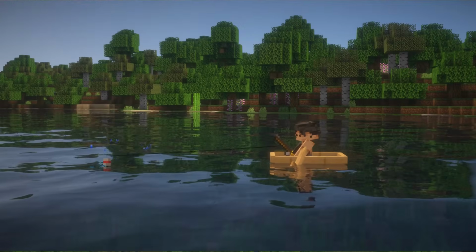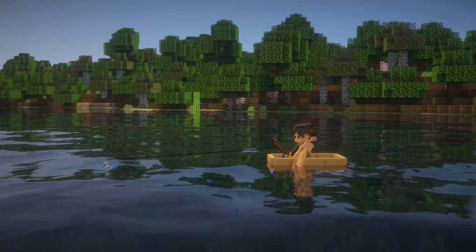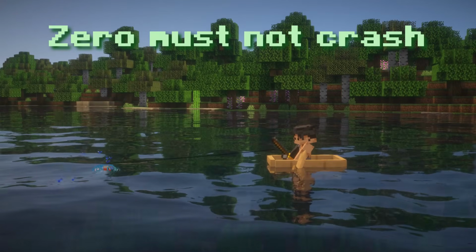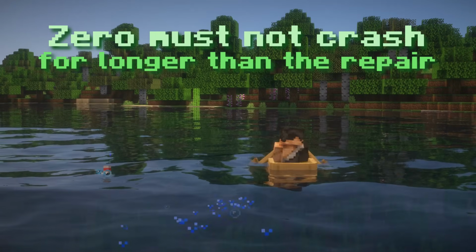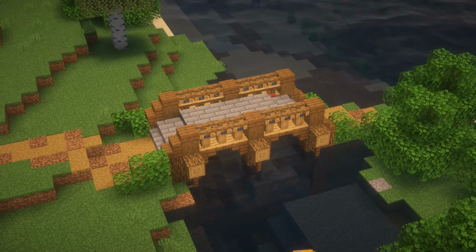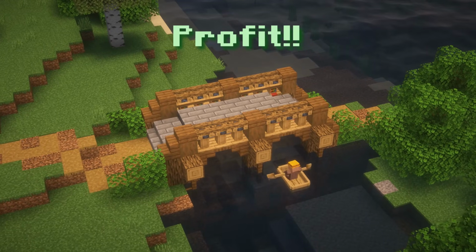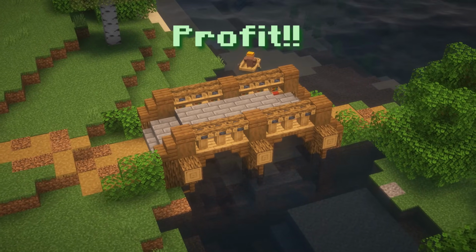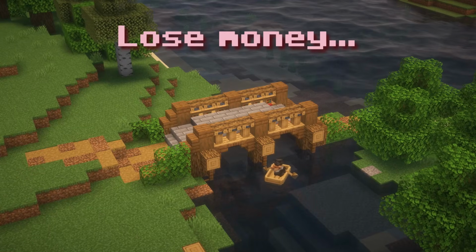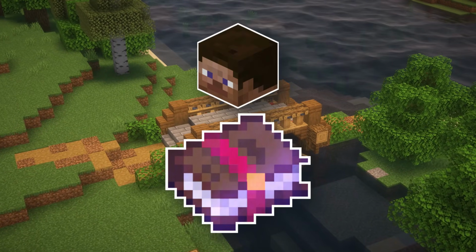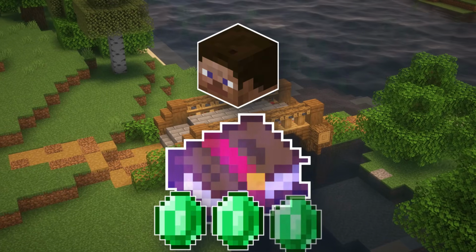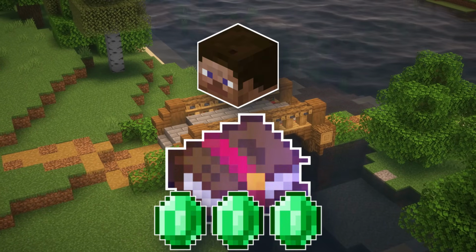This means that in order for an insurance company to make a profit, Zero must not get into a crash for longer than how much the insurance company would pay for a repair. So in essence, Leaf Insurance earns a profit on safe boat drivers who can avoid crashes, while they lose money on reckless ones. This is why Leaf Insurance will always check the records and history of the person they are about to insure to decide on the rates.